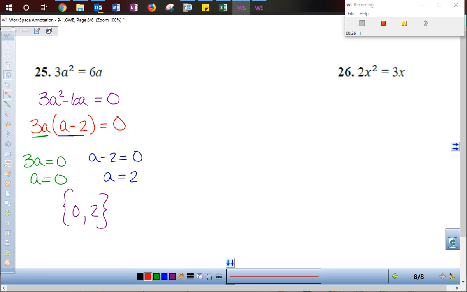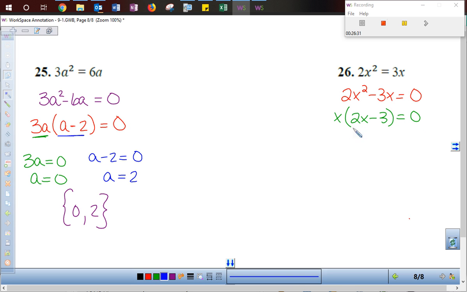Let's try it one more time on 26. First we have to subtract the 3x over, and we get 2x squared minus 3x equals 0. Then I factor out the greatest common factor, which here is an x, and that's going to leave me with x times 2x minus 3 equals 0.